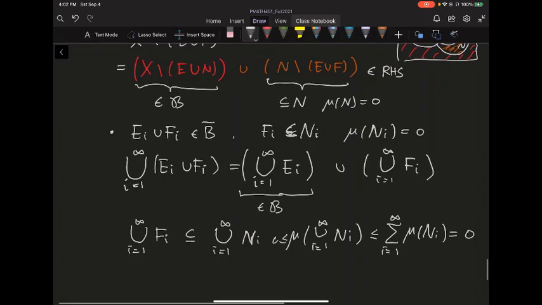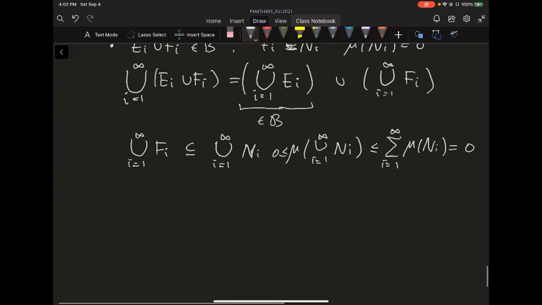And we know the measure is non-negative and bounded above by 0, so this is going to be a null set. So we showed that this one is contained inside the union of N_i, where mu of the union of N_i is 0. So it gives the second half. By our definition, this infinite union is inside the right-hand side. So this shows the right-hand side is a sigma algebra.